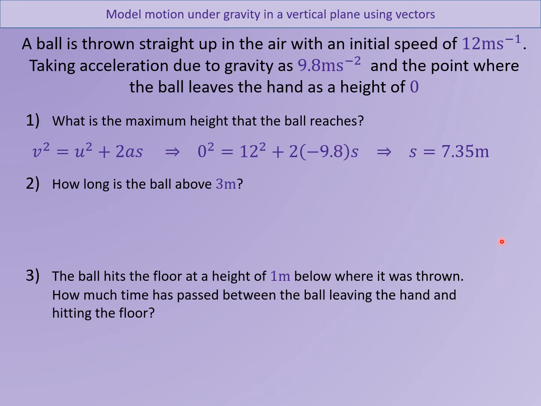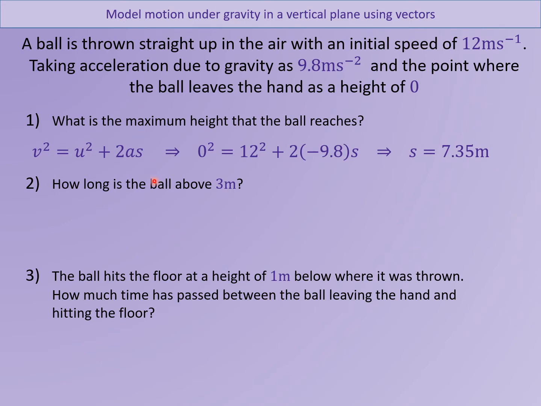Okay, so if it reaches that 7.35 meters, the next question is how long is the ball above 3 meters? It goes up in the air, passes the 3 meter mark, carries on going up to 7.35, comes back down, passes the 3 meter mark again and then falls below it. So the question is how long is it above that 3 meter mark before it passes again?